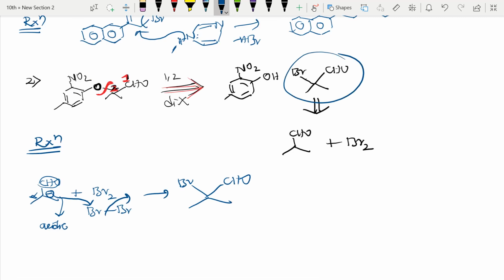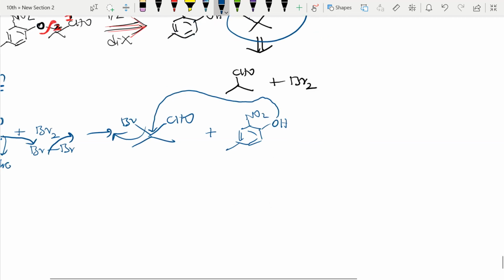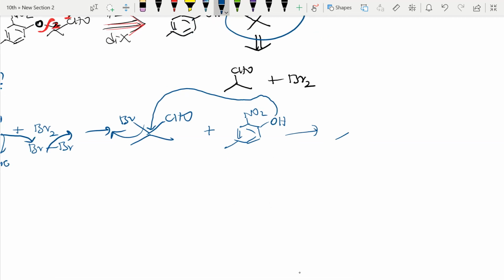Further to that I'm going to add this one, NO2 and OH. In basic medium, if I do the reaction, this H will go and O negative will come, that O negative will attack this, and this bromine leaves the system. I hope you are getting it.